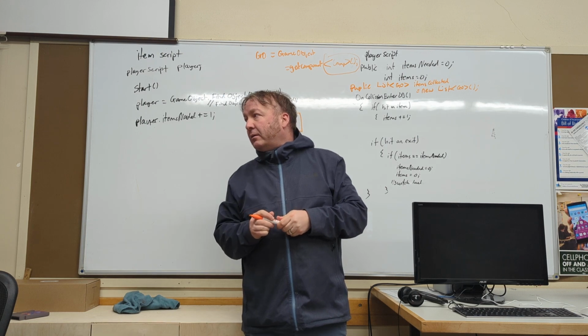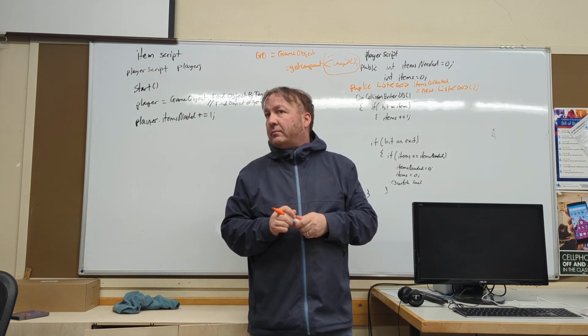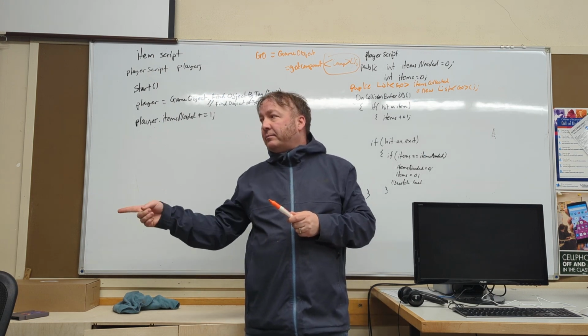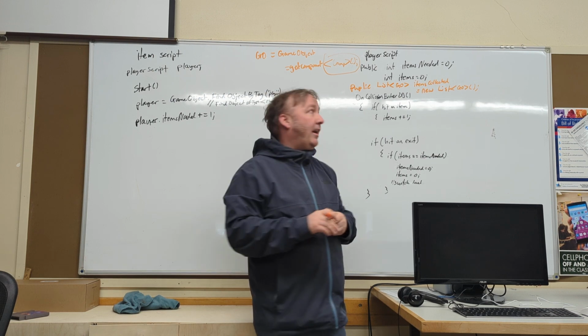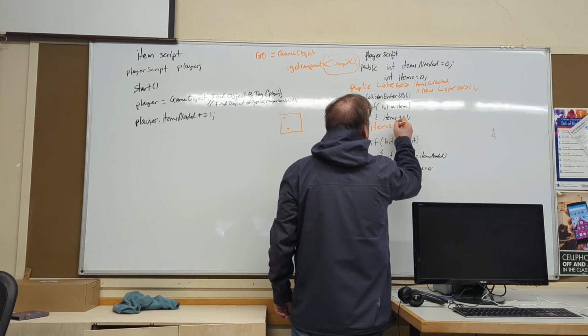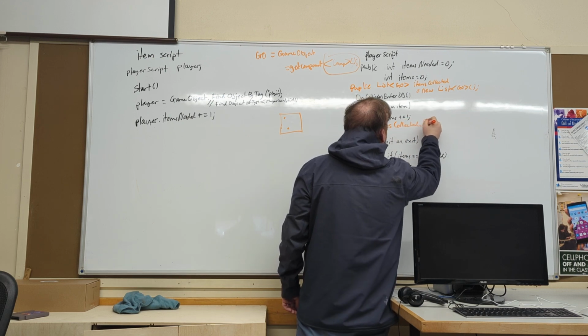Right, you would say that the list with the index is equal to the array. That would be how we do it in an array. List.add. So we're gonna do items collected dot add, and add is capitalized.